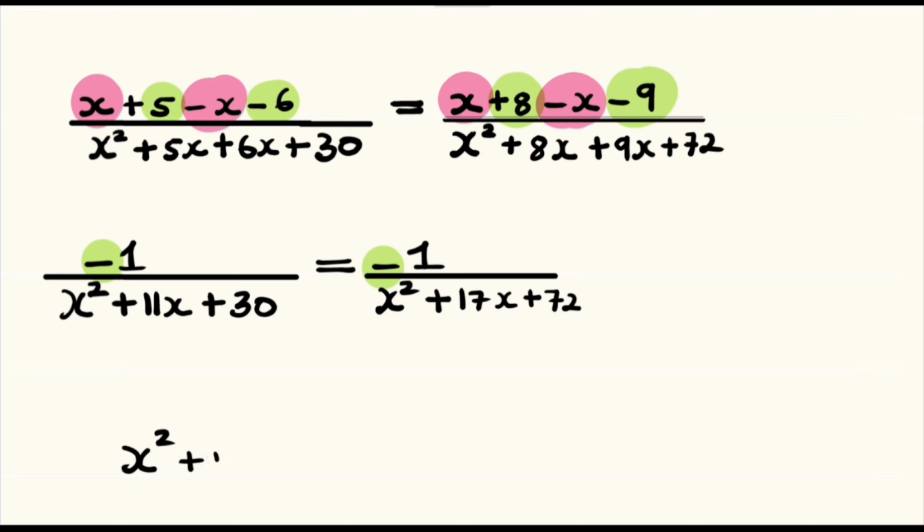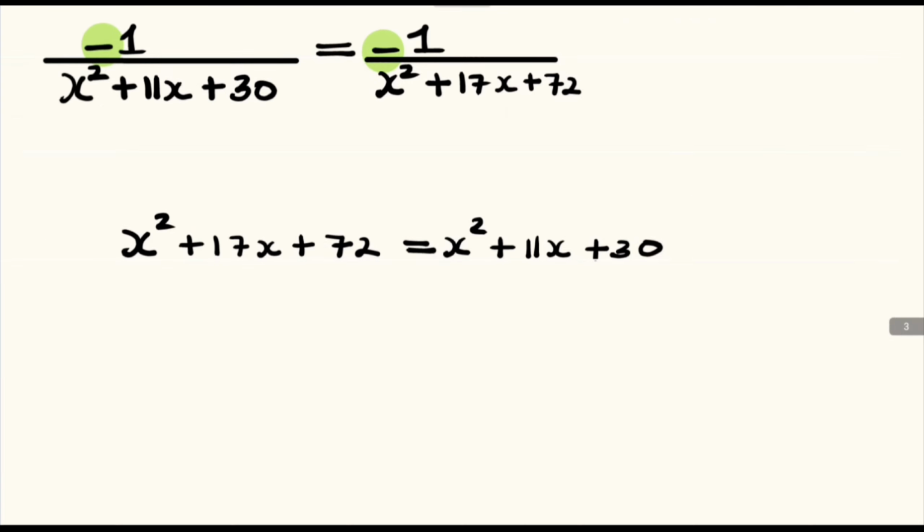So you have x squared plus 17x plus 72 equal x squared plus 11x plus 30. So that x squared will cancel out with that x squared, and we have 17x on the left hand side.